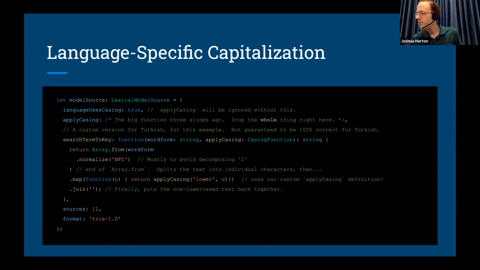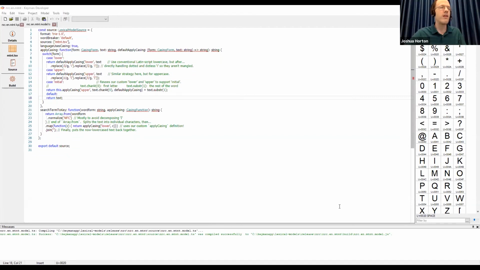Now give me a moment to swap screens. I'm giving most of the presentation from a Mac, but obviously we would like to do our actual lexical model coding in Developer. So if you give me a second here. Here we now have in Developer the final version of the code.